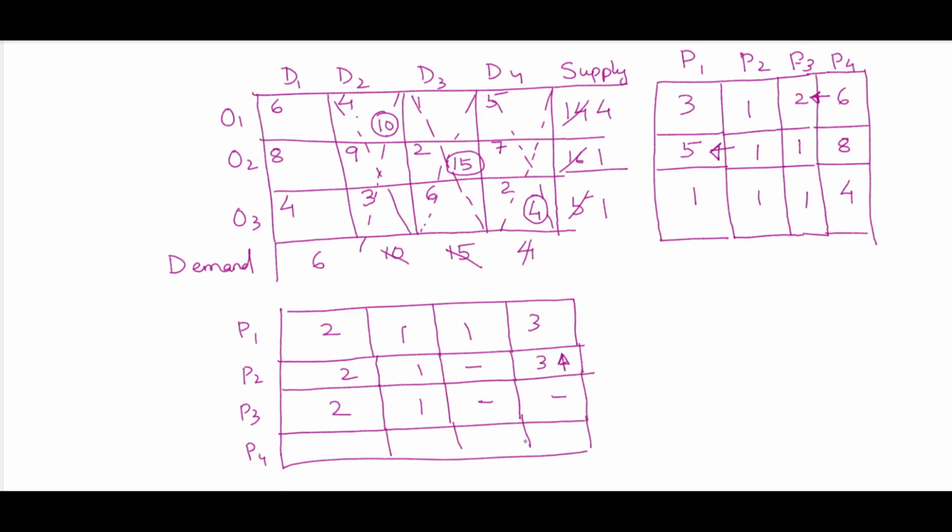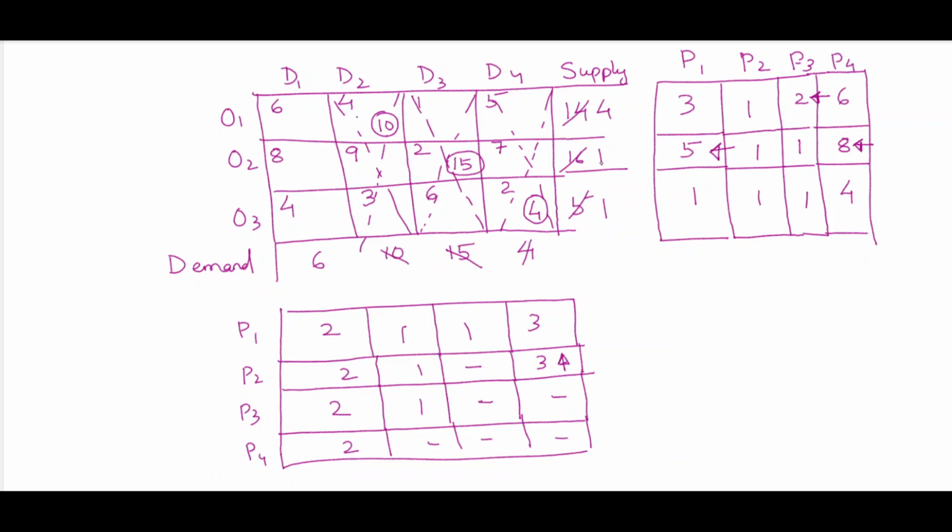Column wise, here all these 3 will be dash, here it will be 2. So out of these 4 penalties, this 8 is the maximum one. So we will do our allocation here.